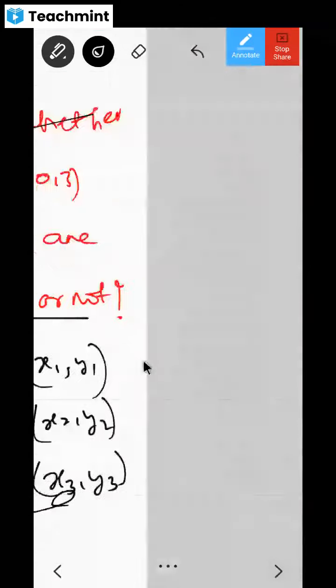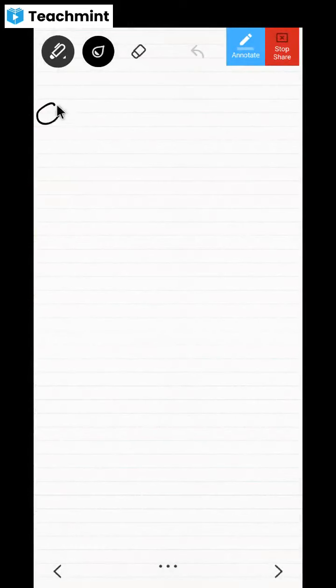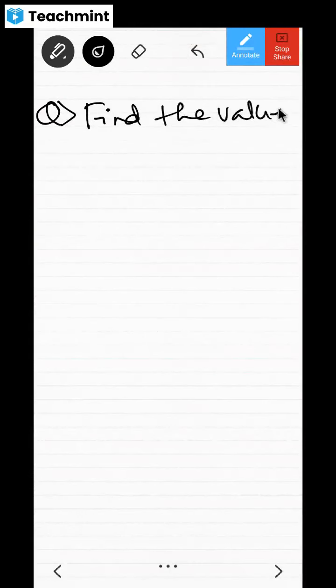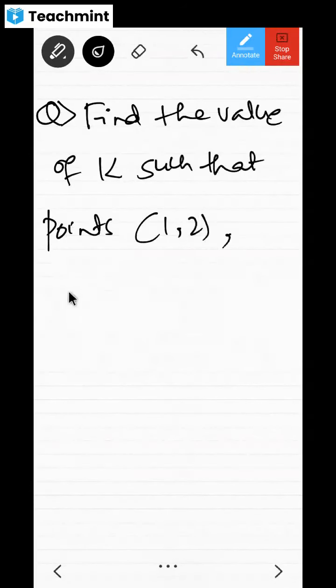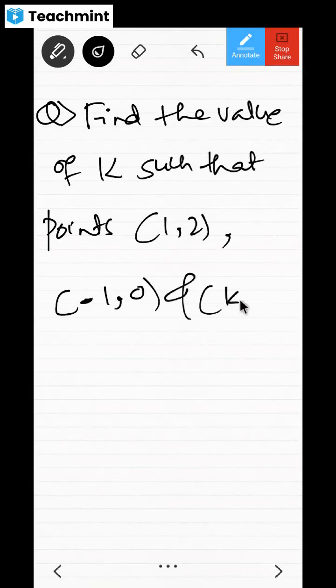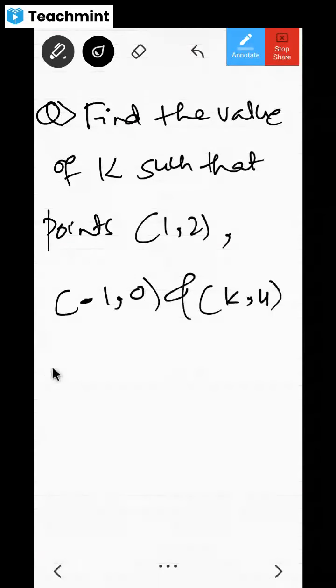Let us do some more models. Take down this question, all of you. Find the value of k such that points 1 comma 2, minus 1 comma 0 and k comma 4 are collinear.